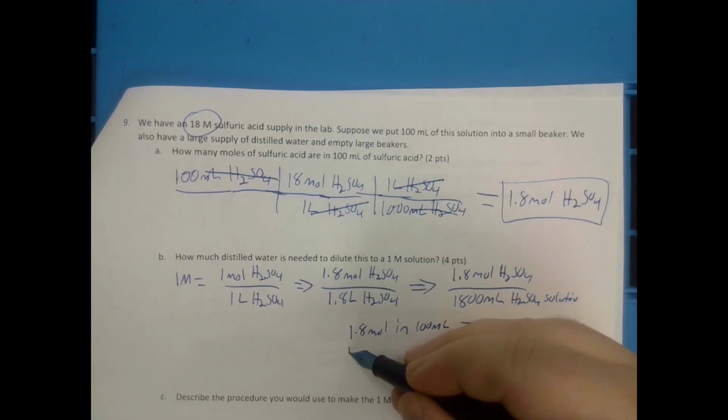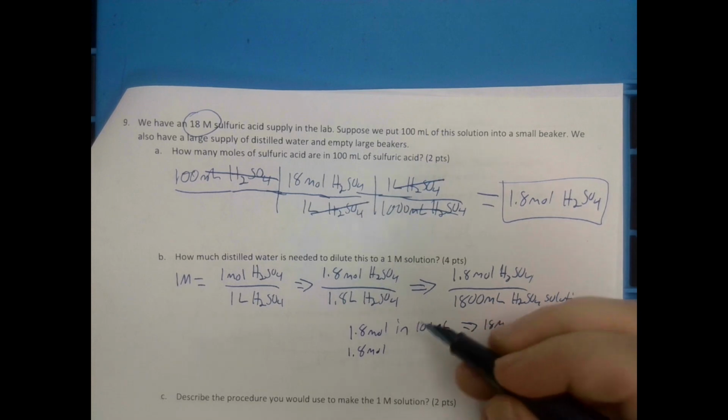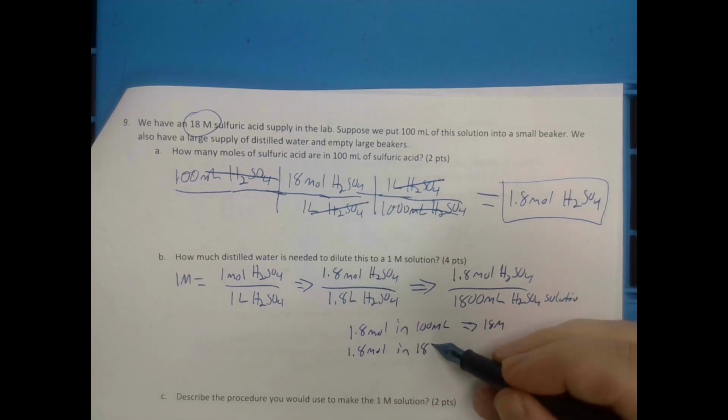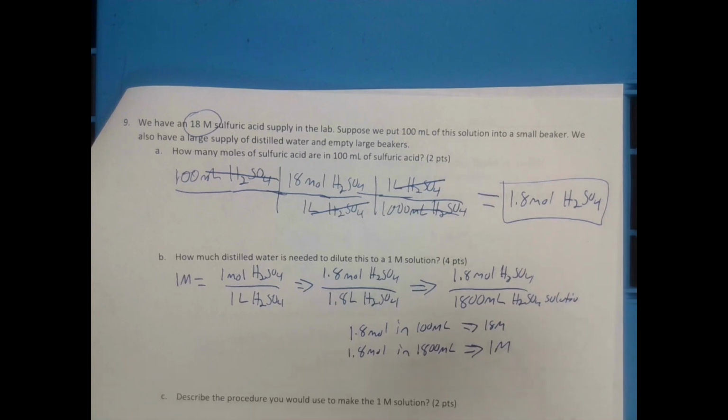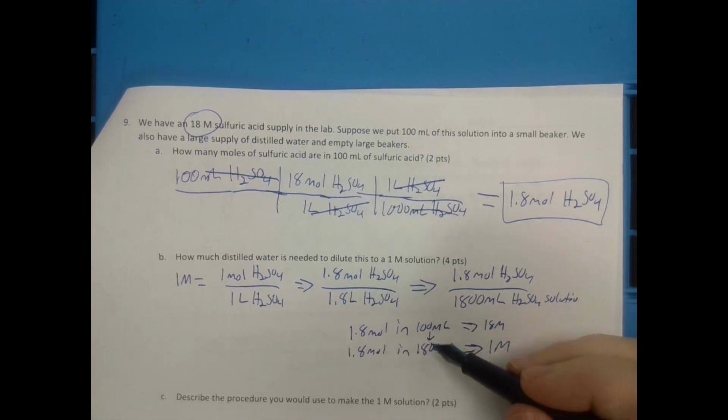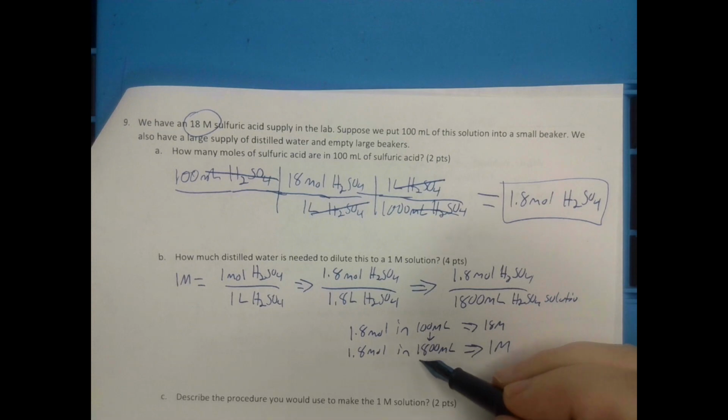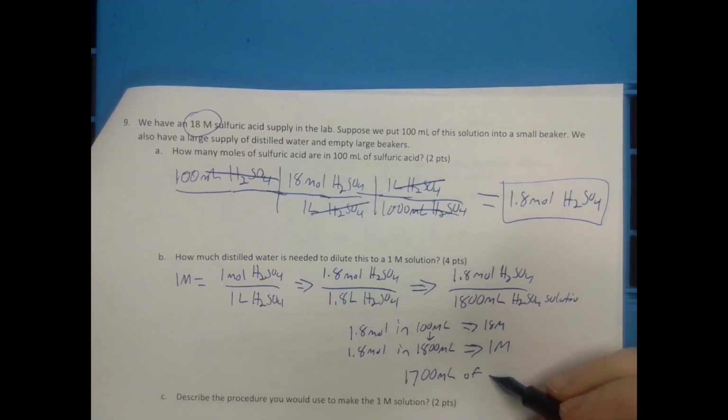We want 1.8 moles in 1,800 milliliters to give us a 1 molar solution. So how much water do you need to add to go from 100 milliliters to 1,800 milliliters? You need 1,700 milliliters of distilled water.